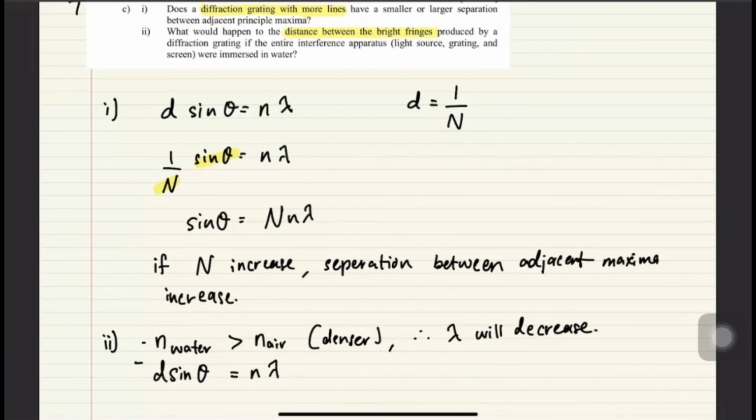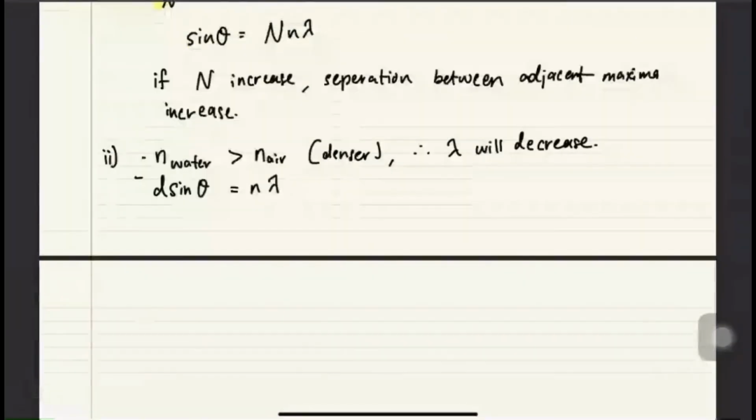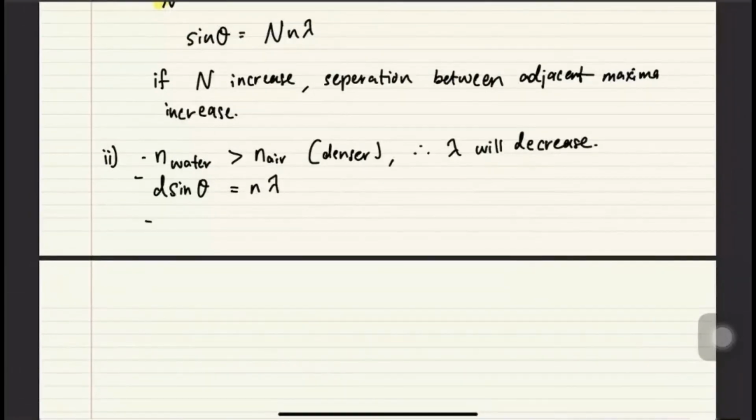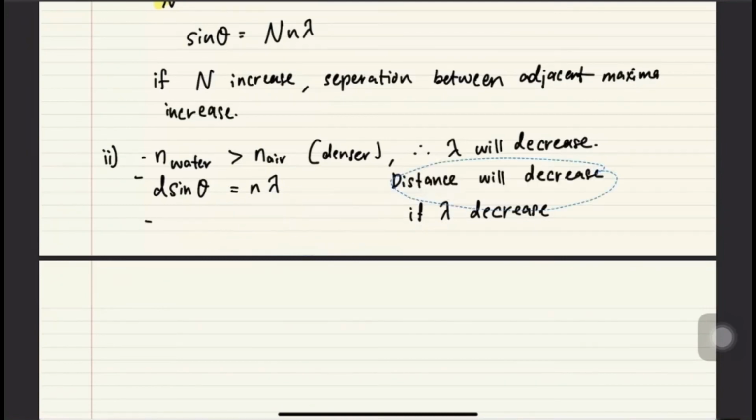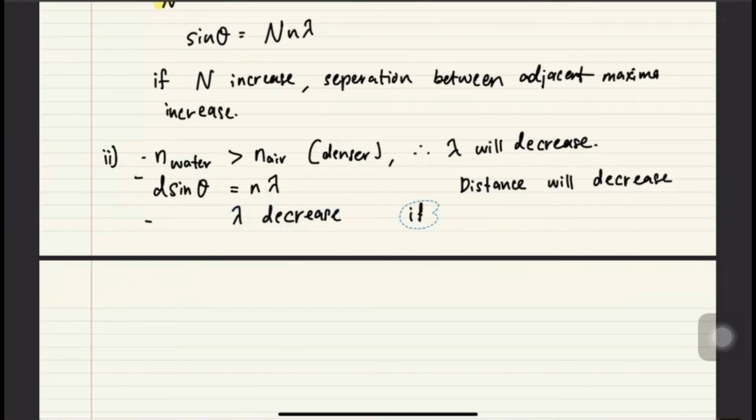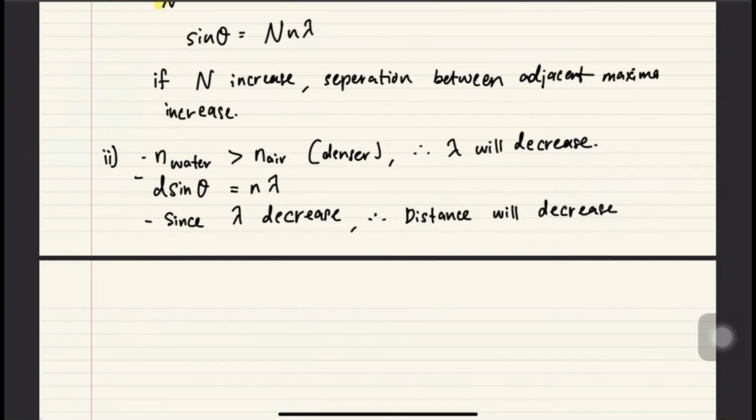Again, it asks about theta. If lambda decreases, sin theta also decreases, therefore the angle decreases. So the distance will decrease.